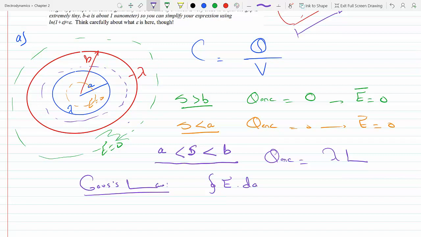The integral of E dA is equal to Q enclosed over epsilon.